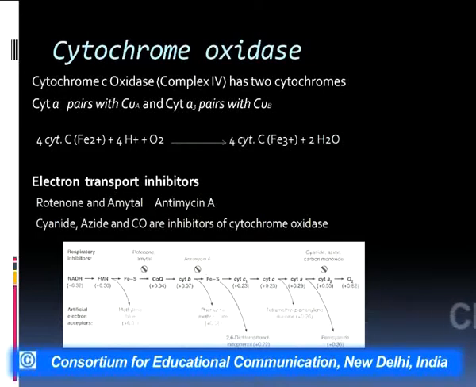We should spend some time on the cytochrome oxidase, because cyanides, azides and carbon monoxide are very, very potent poisons. We also know by various tales and by scientific facts that cyanides are one of the most potent poisons for respiration.